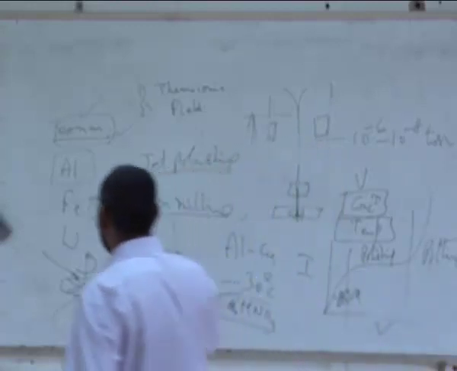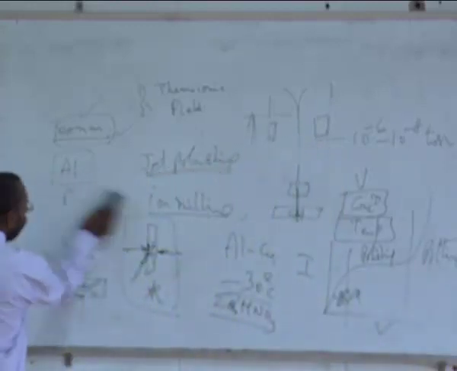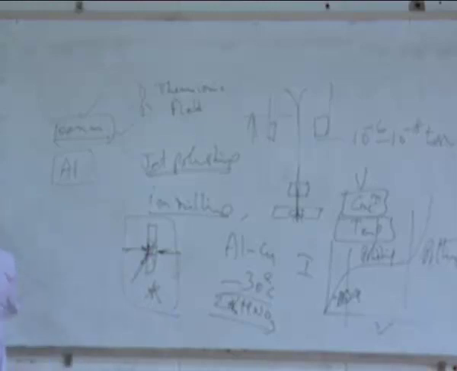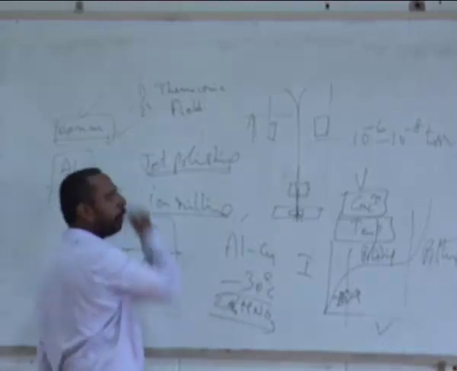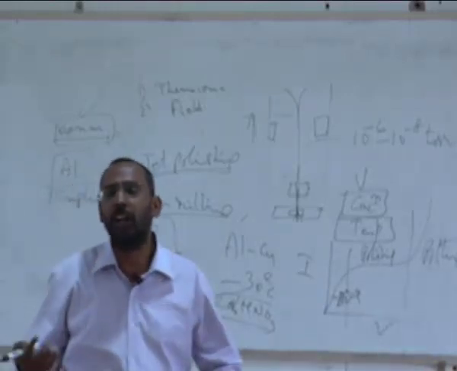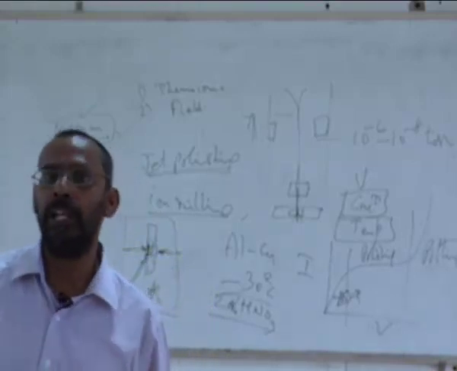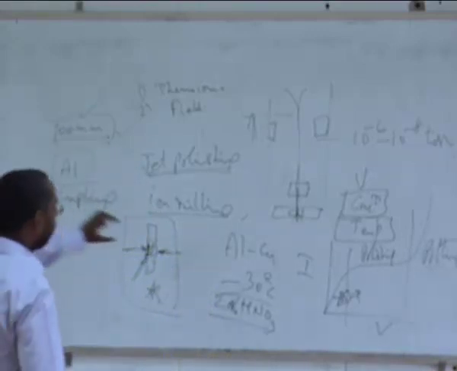And in order to make this faster, people also do an intermediate step, what is called dimpling. Because as I told you, to come from 100 microns to 100 nanometers will take a long time by ion milling. So can I reduce the thickness further?